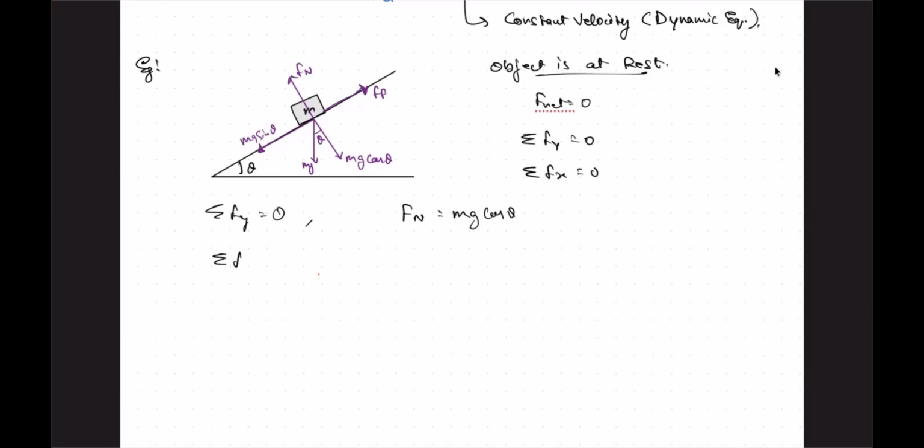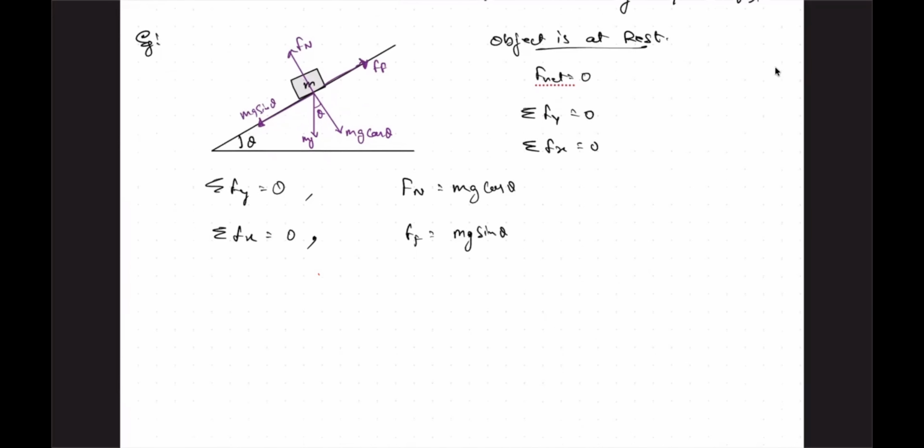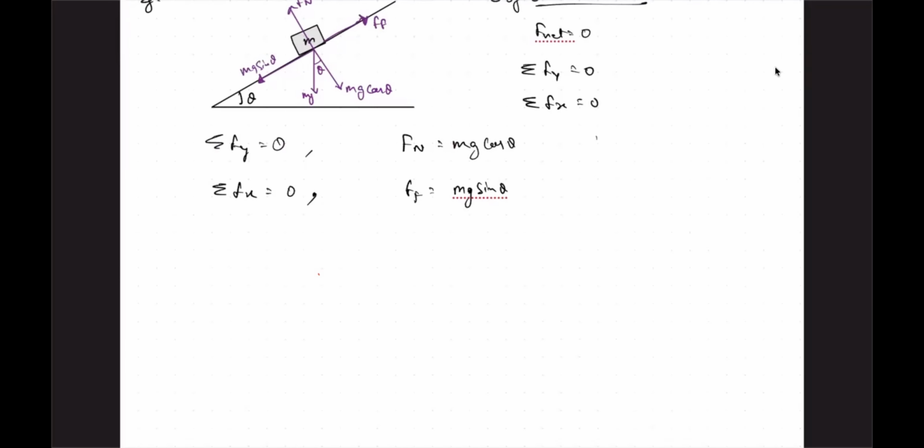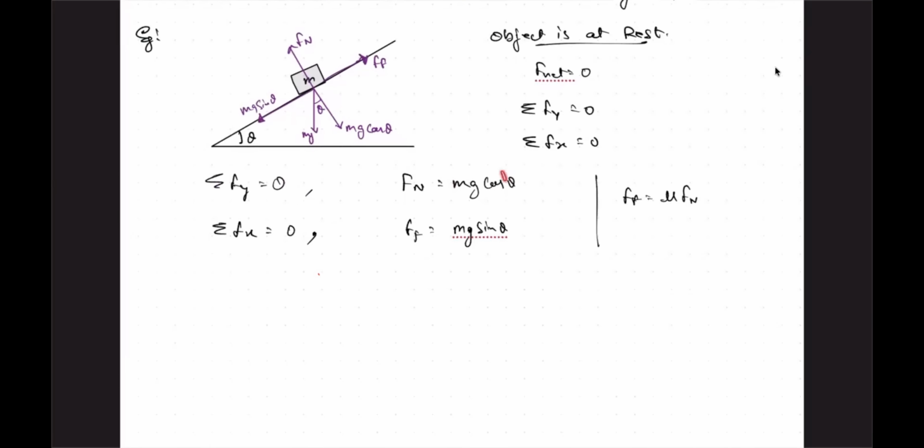And for the summation of Fx, along the plane, if I want this to be zero, then I can simply say that my friction is equal to mg sin theta. Also, we know that friction is mu times Fn, and Fn is already mg cos theta.